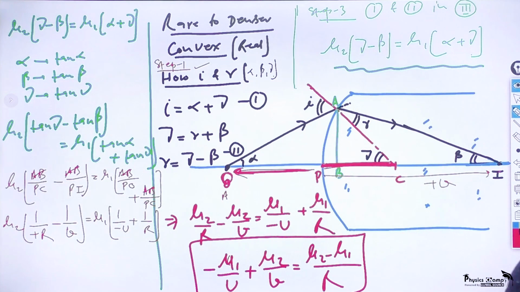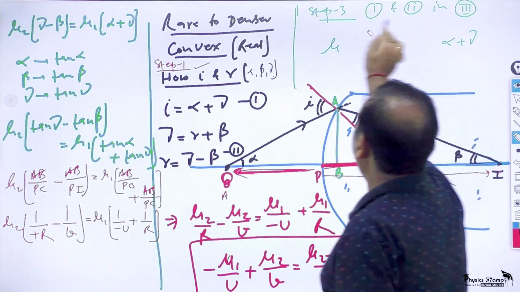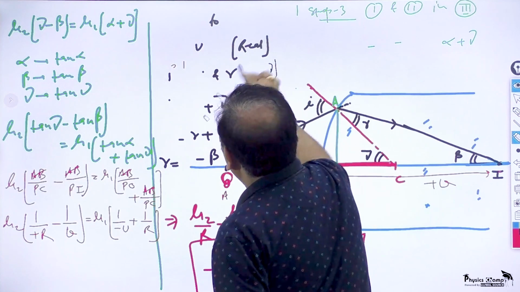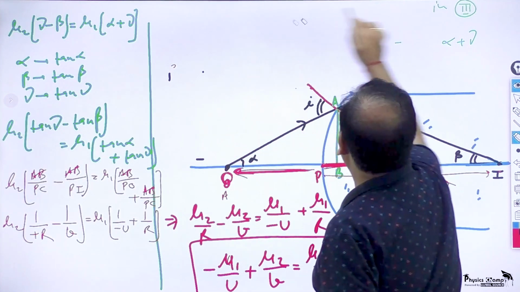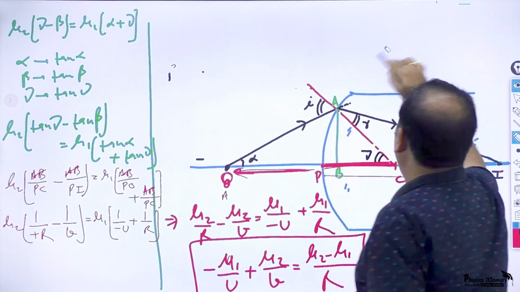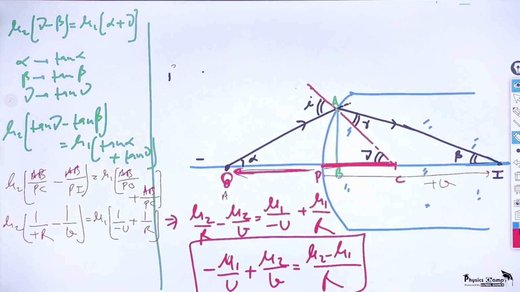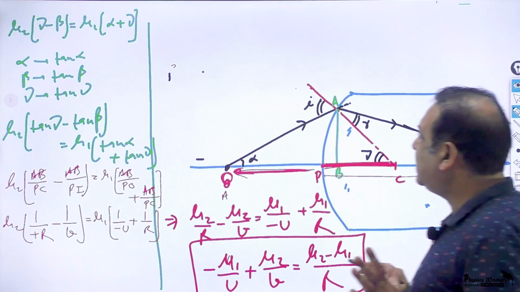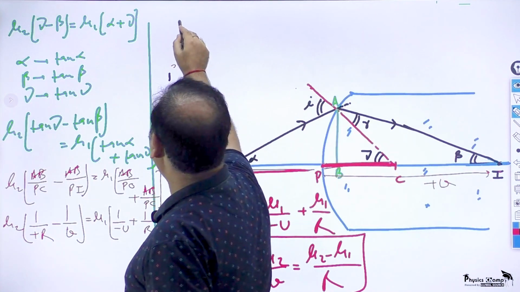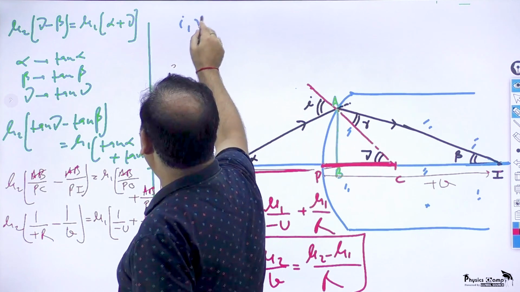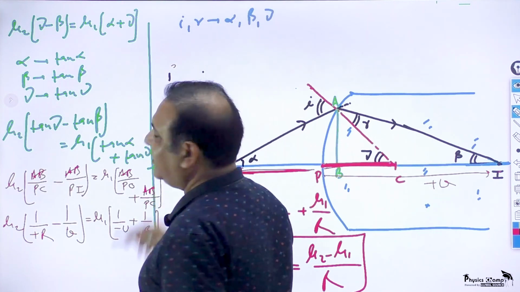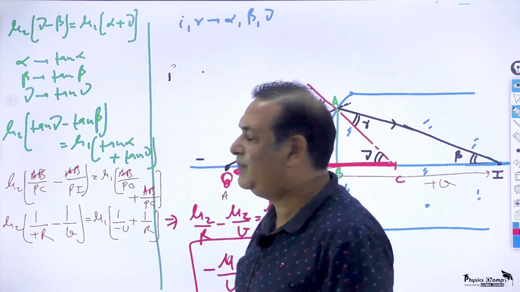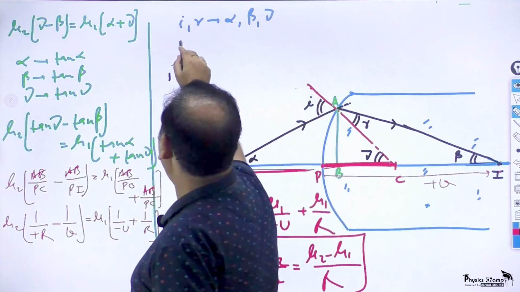So if I just further clear the situation, you have seen the steps. The steps you can recall how I have gone with. It is not a very difficult thing to remember. The first is get the relation of I and R in terms of alpha, beta and gamma. This is step 1. Second step, apply Snell's law.